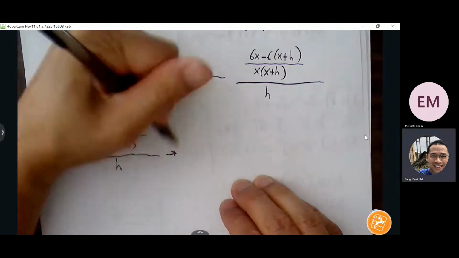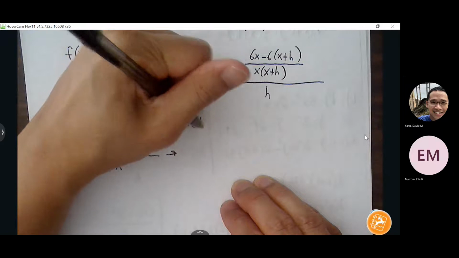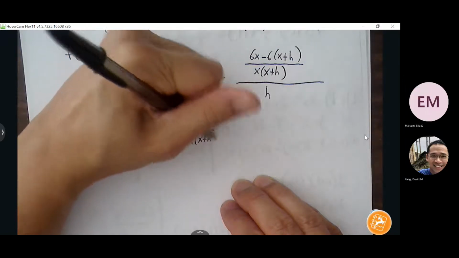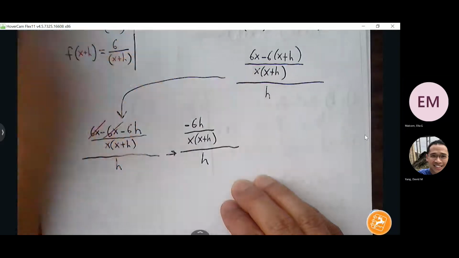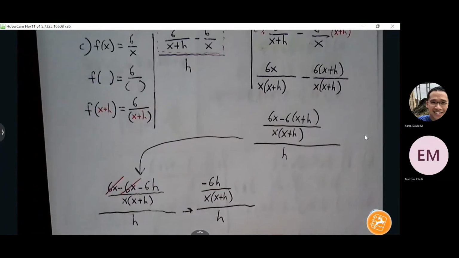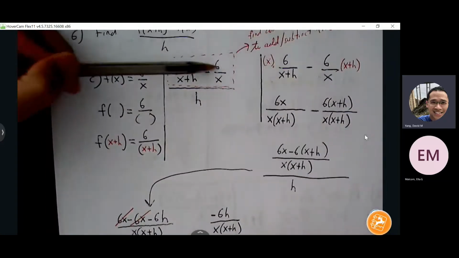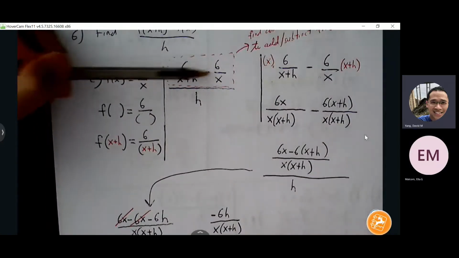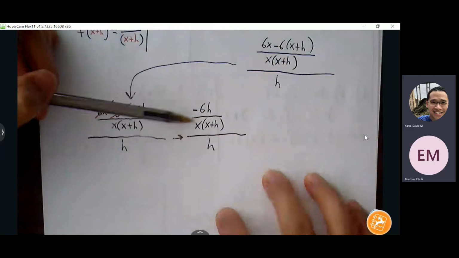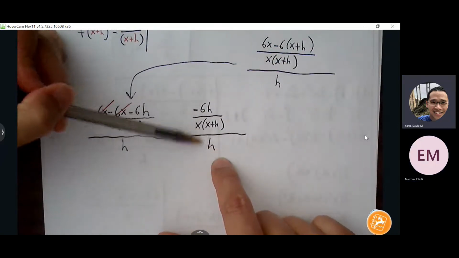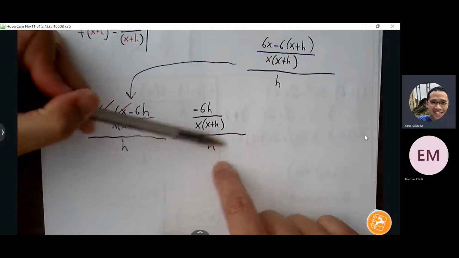Now look at what we have here. It's a little bit better than what we had before, because before we had two separate terms, but now we've combined it into one term, and now dividing by this h is the same thing as multiplying by its reciprocal.